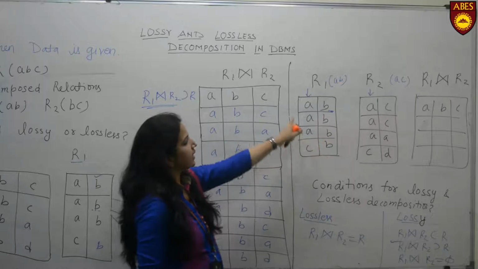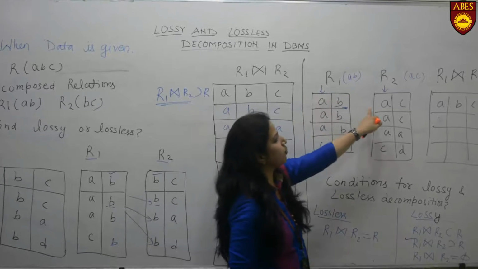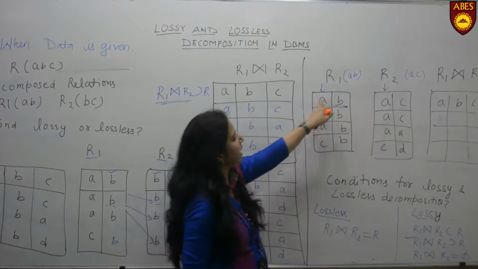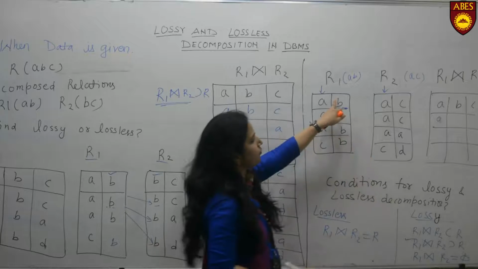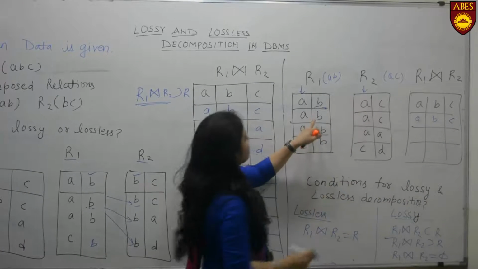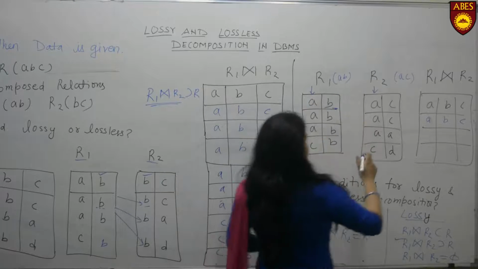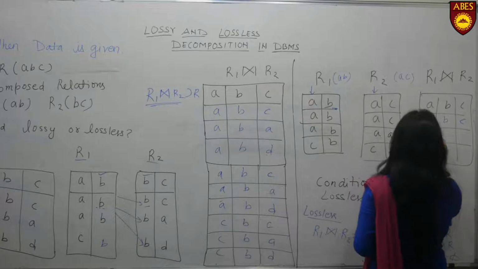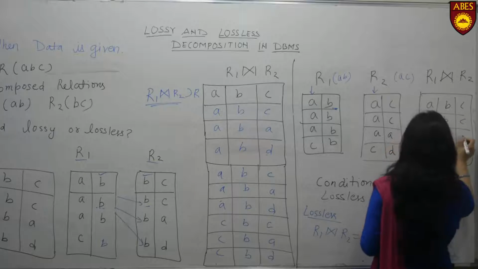So the mapping will be done by the first column of R1 with the first column of R2. In this case, A is matched with A. So we will put A here, and the corresponding entries of B and C will be written down like this. Now, the second time we compare this A with this A. It is matching. So in this case, all the entries will be like the original table.